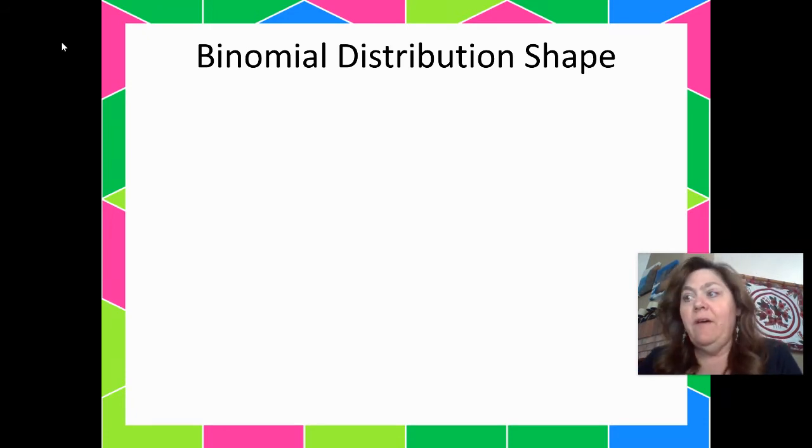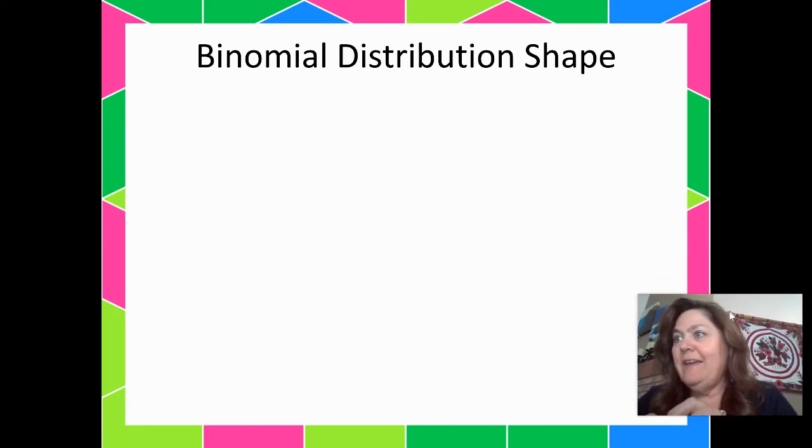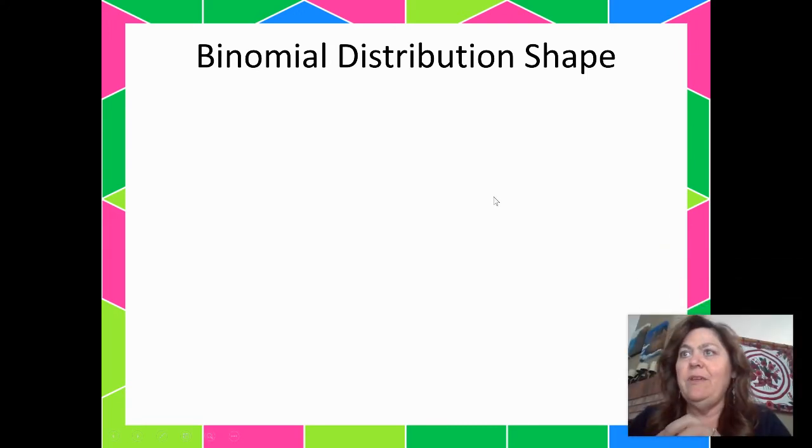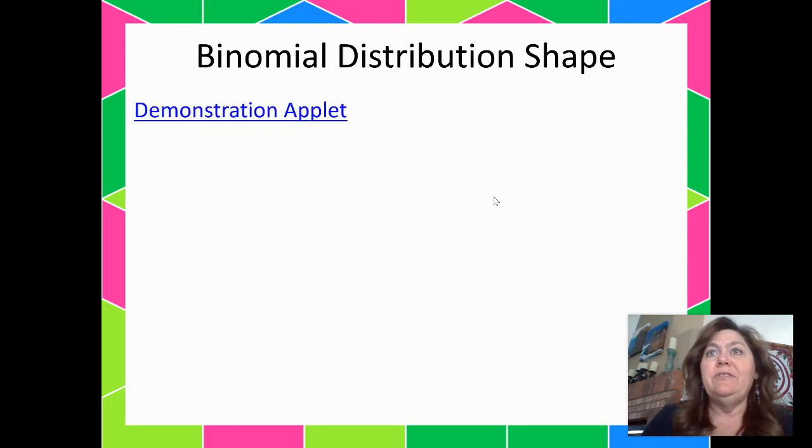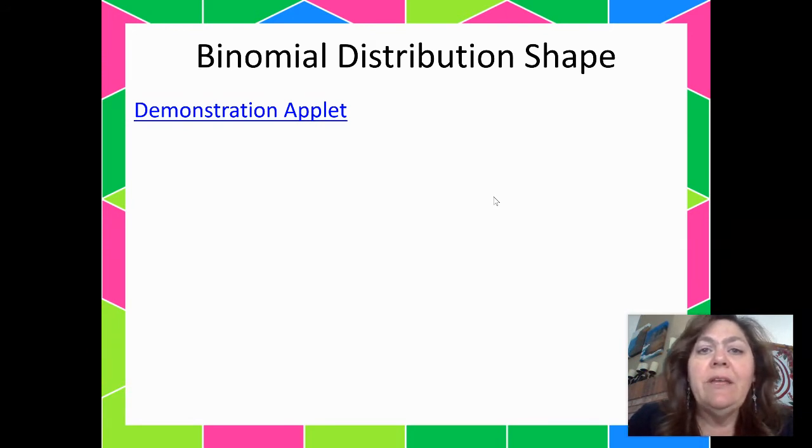Now that we know how to find the mean and the standard deviation, what is nice is that we can then do some other work with this. So I have in your Google Classroom a demonstration applet that I want you to go and play with.